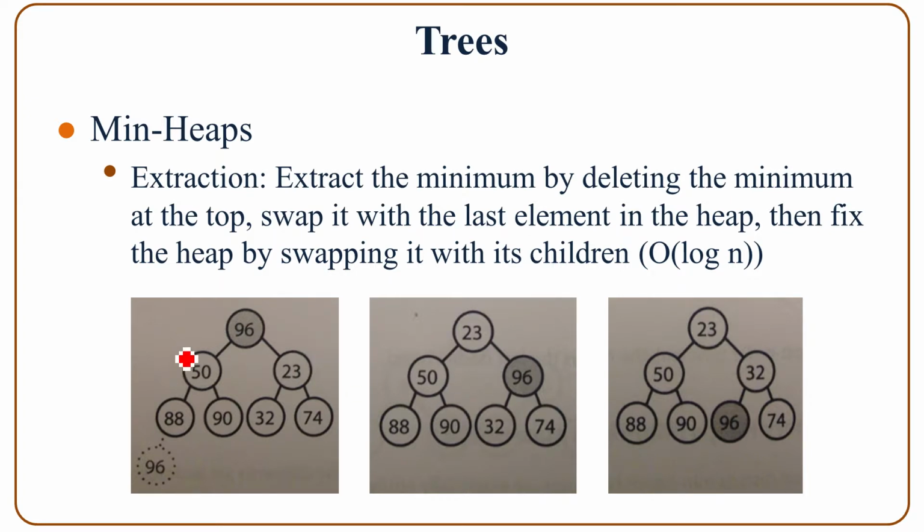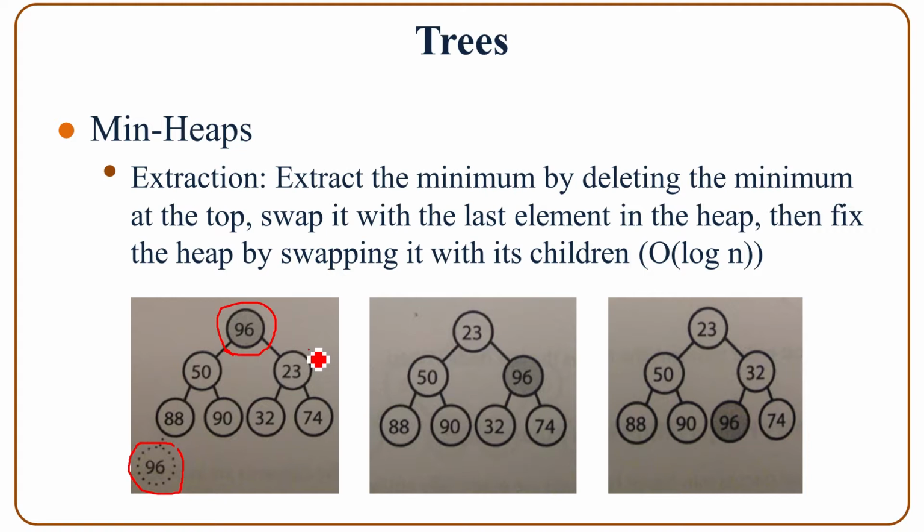So in this example, we extract the minimum and we delete the minimum. The last element in the heap is 96. So we swap it with the minimum. And then 96 is at the root.